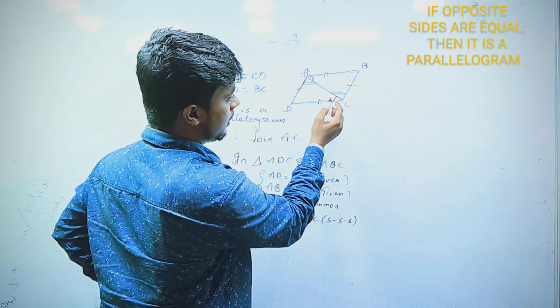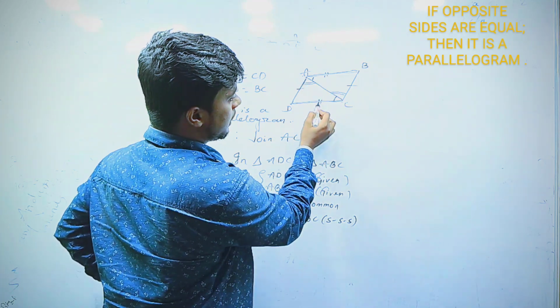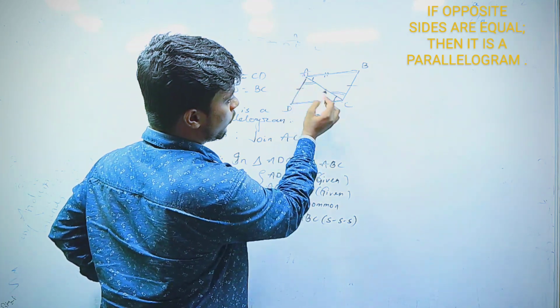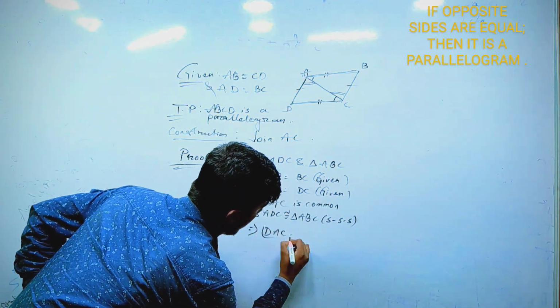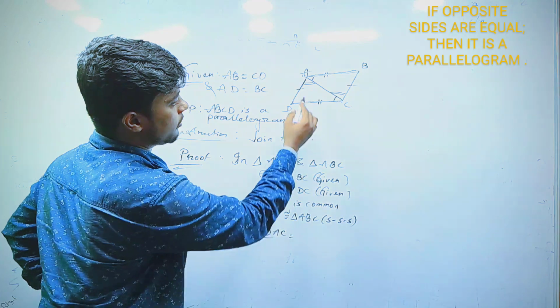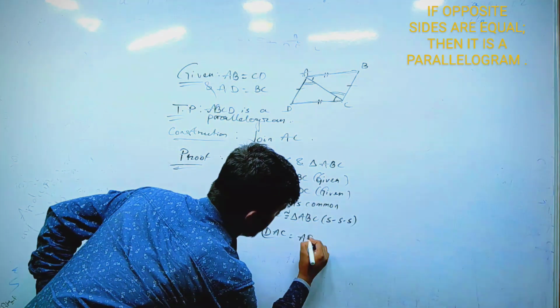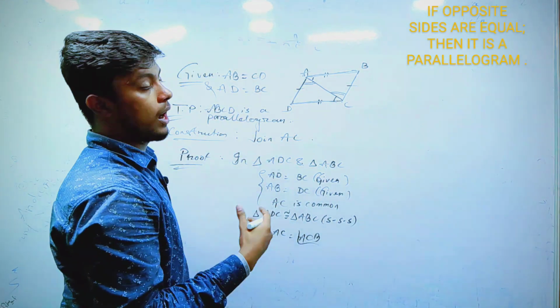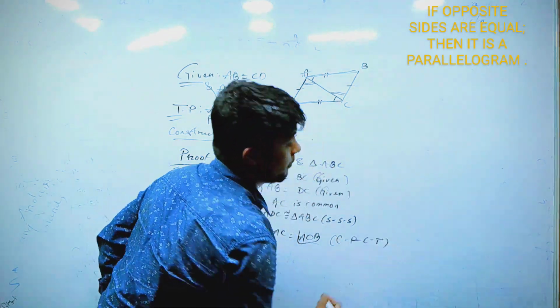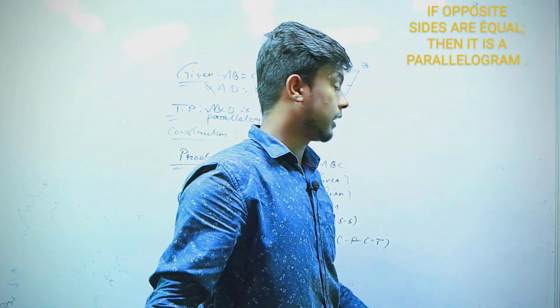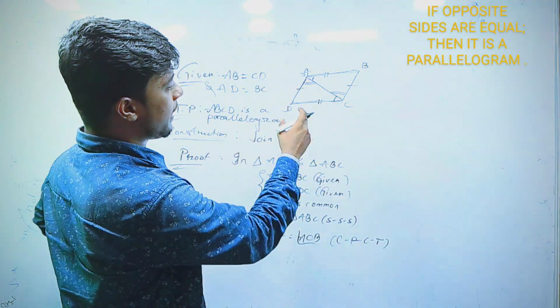That is DAC. As AB and CD are equal, DAC equals ACB. We can write that implies DAC equals ACB, by CPCT, corresponding parts of congruent triangles.